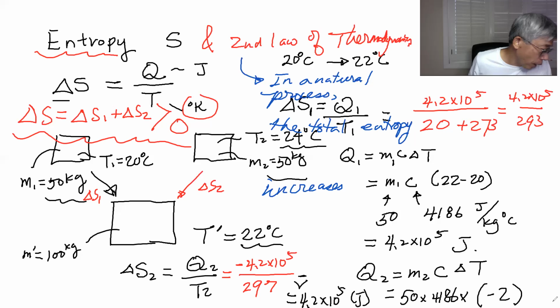The total entropy of any system plus that of its environment increases as a result of any natural process. This is one of the statements of the second law of thermodynamics.